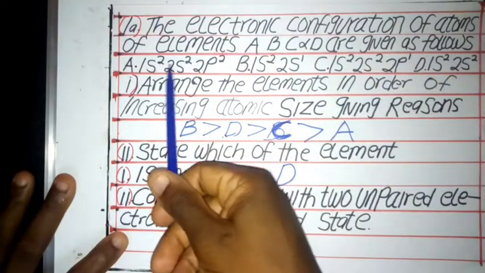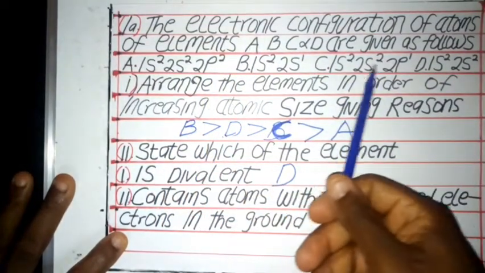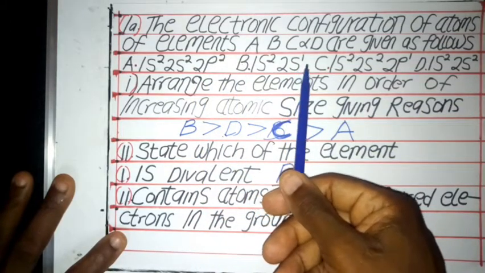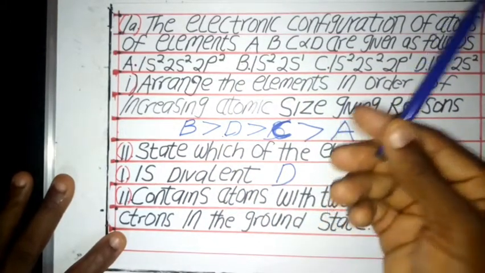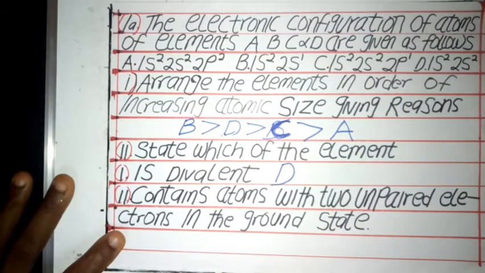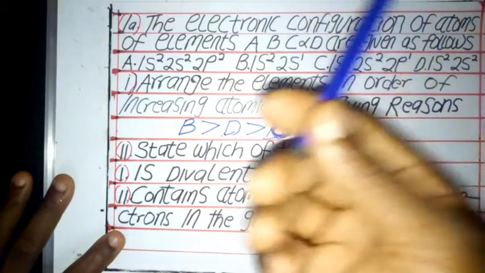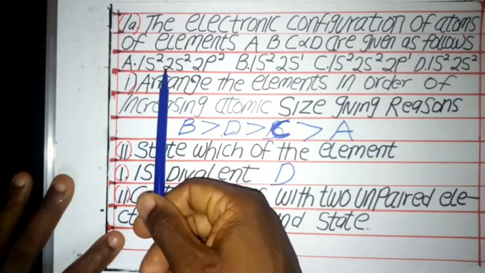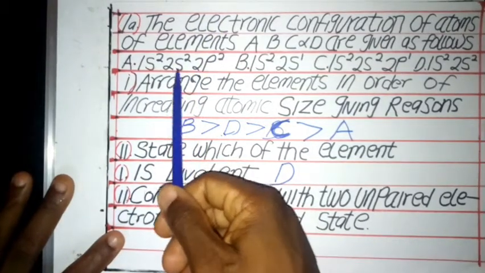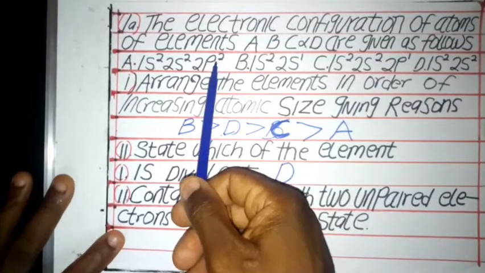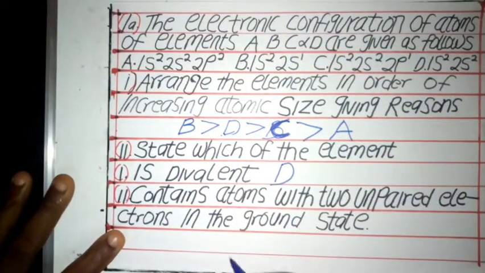Looking at the electronic configuration, the s orbital is just one shell, and it contains a maximum of 2 electrons. So let's look at A. Remember we said A is carbon. This is full, this is full. This is 2p2, right? Let's draw this p orbital.